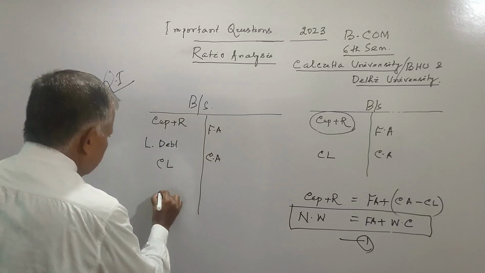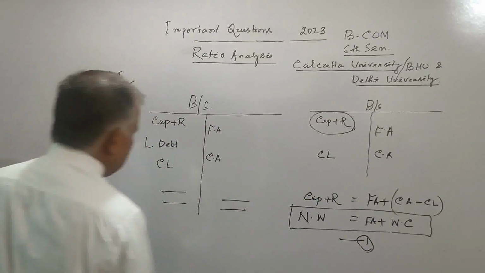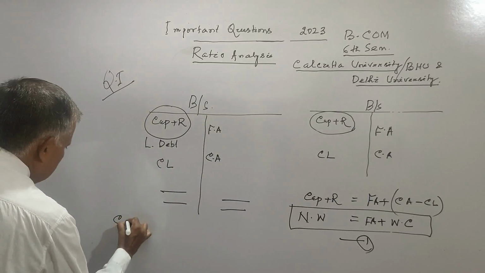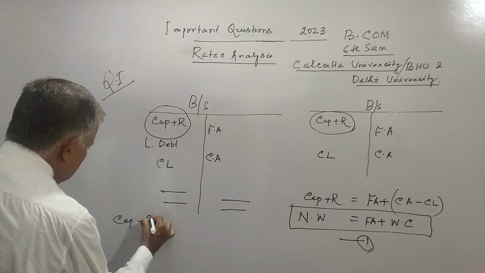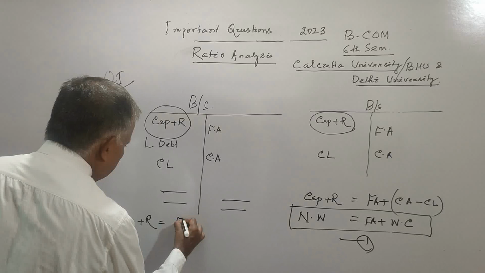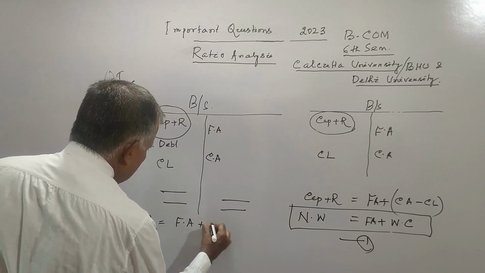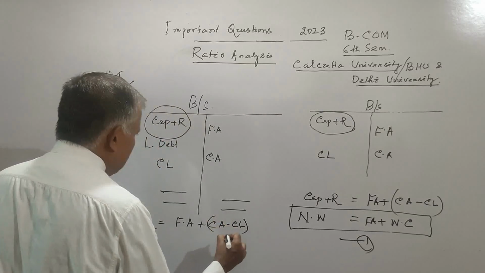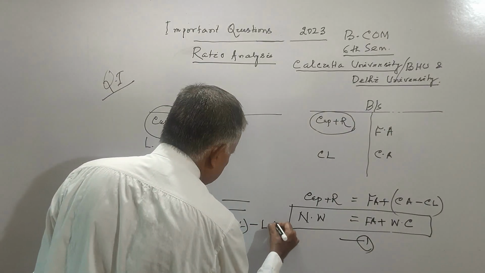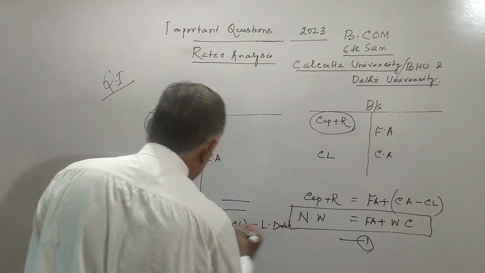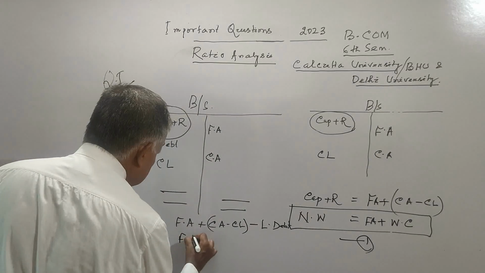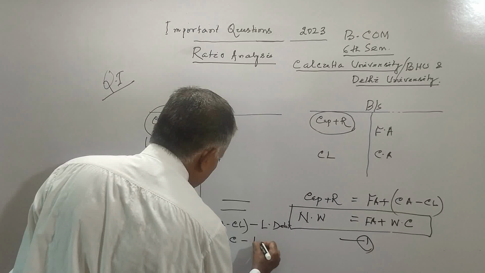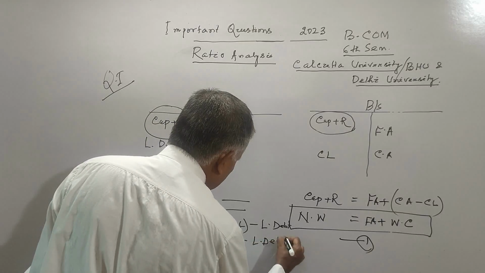Now friends, this side is equal to this side, so capital plus reserve is equal to fixed asset plus CA minus CL minus long-term debt, right? This is equal to fixed asset plus working capital minus long-term debt.